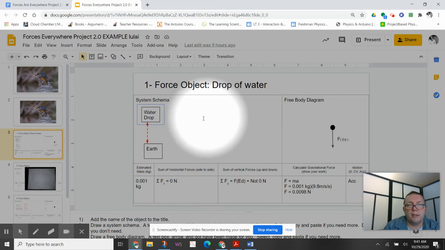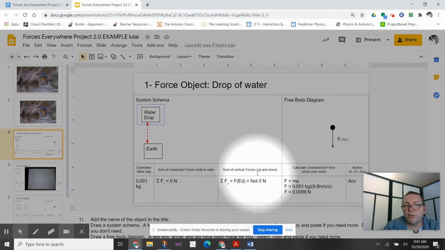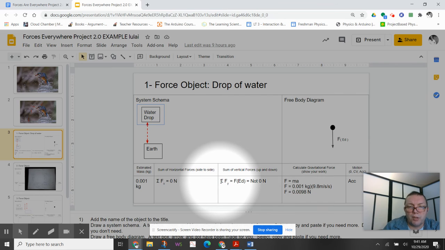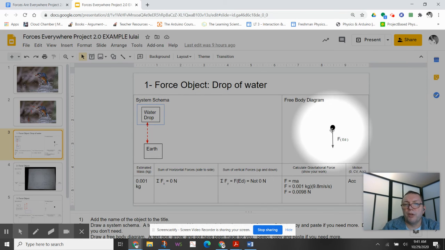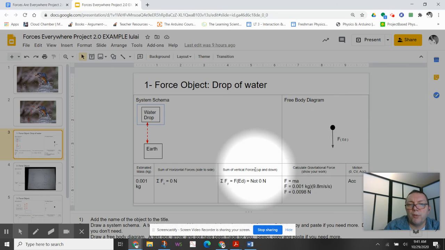There's no force acting left or right. The sum of all forces vertically, up and down, the sum of all forces in the y direction equals, well, the only force we have there is the gravitational force, this single arrow going down. And that is the force that the Earth exerts on the drop. That is not 0 newtons.